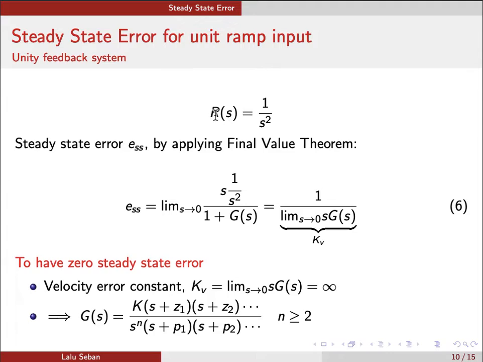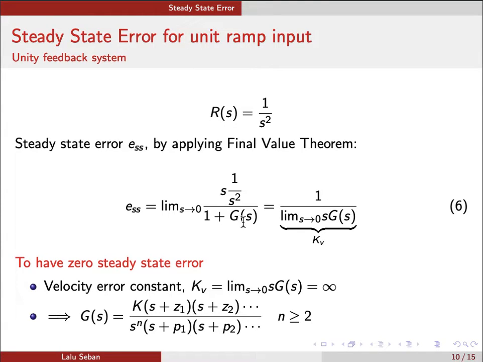So the Laplace transform of ramp input, unit ramp input, is 1 by s square, replacing R of s in the equation for steady state error. So s into 1 by s square. So 1 by s will be there.